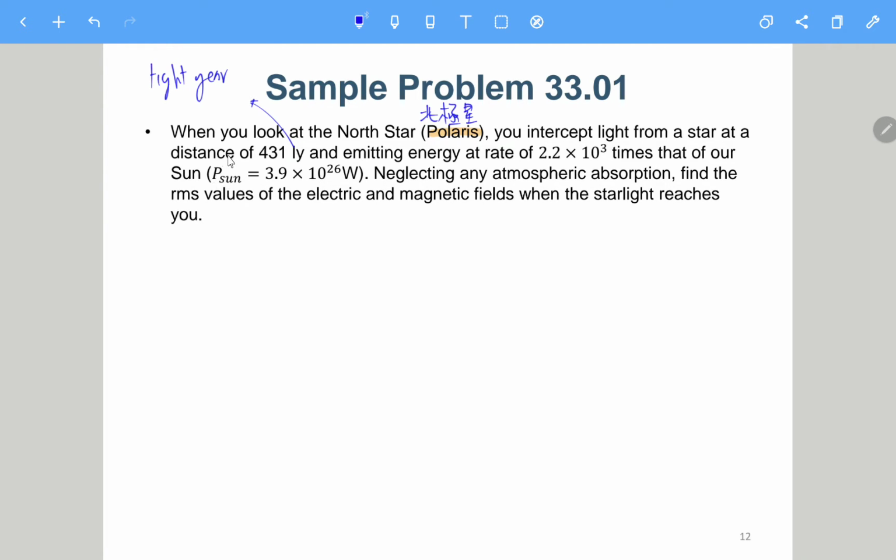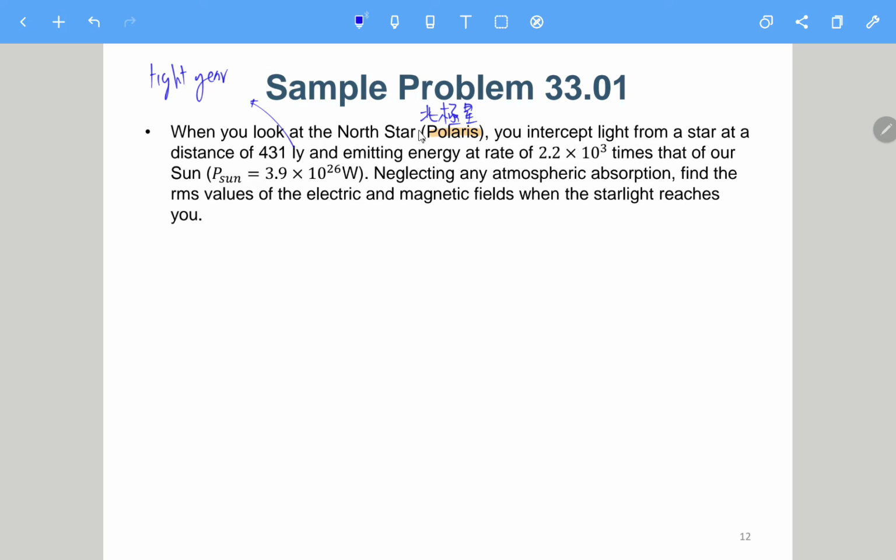The power generated by the sun, P sun, is 3.9 times 10 to the 26 watts, neglecting any atmospheric absorption. Find the RMS value of the electric and magnetic fields when the starlight reaches you.